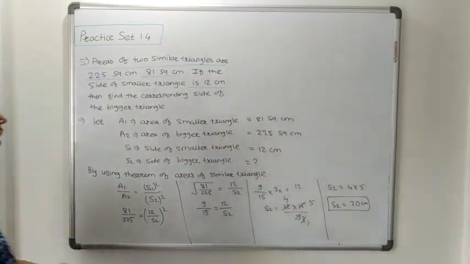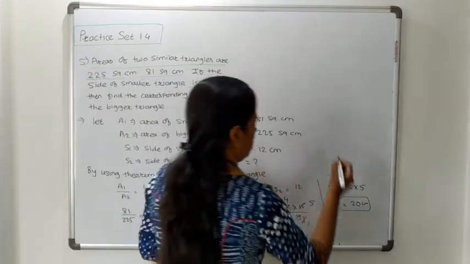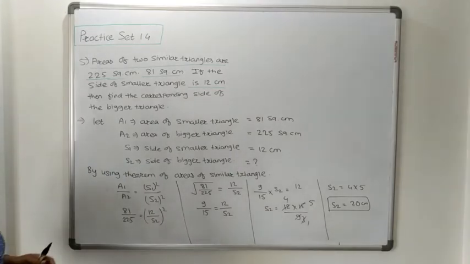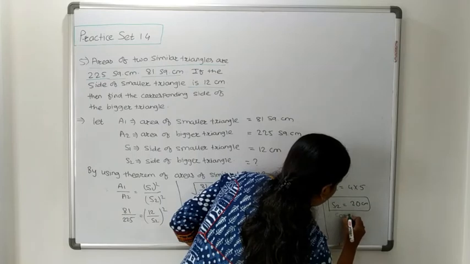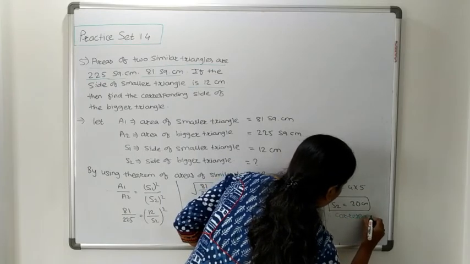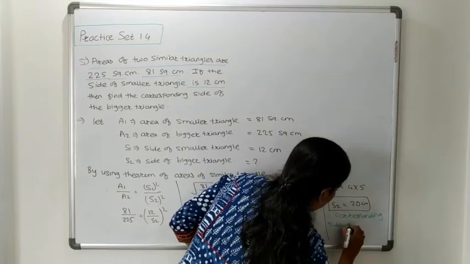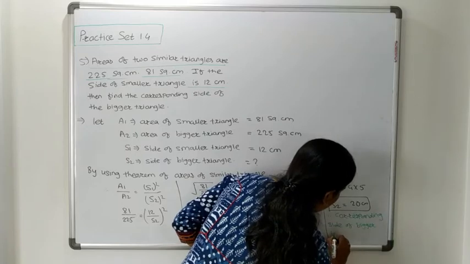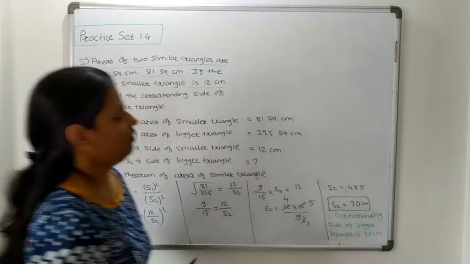At the end you have to write: therefore, the corresponding side of the bigger triangle is 20 centimeter. Okay, clear?